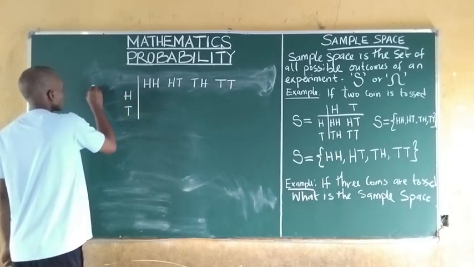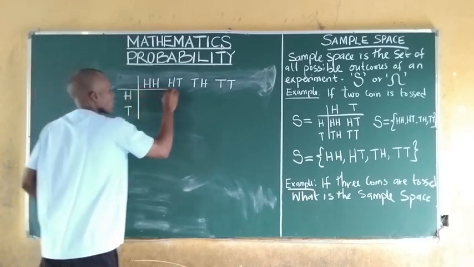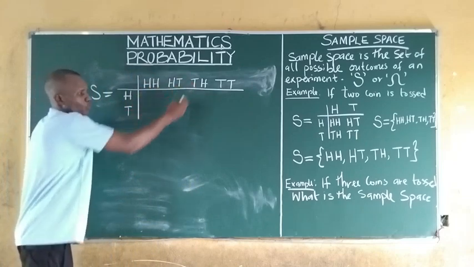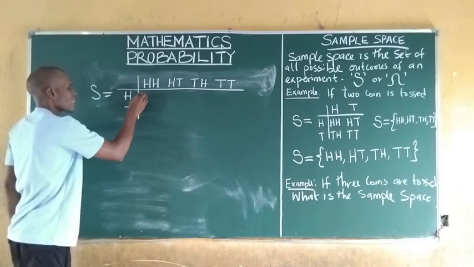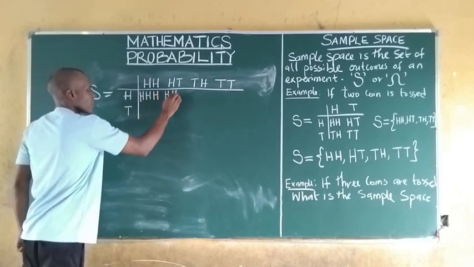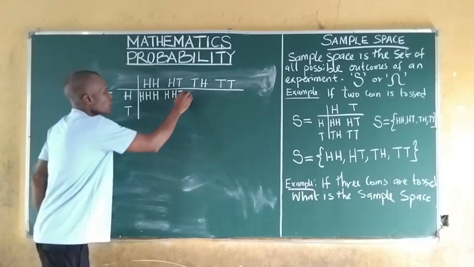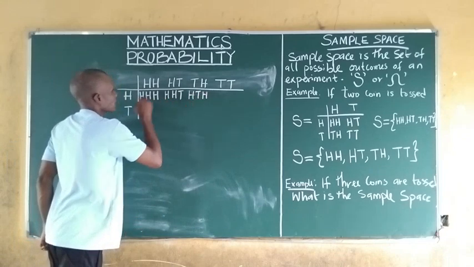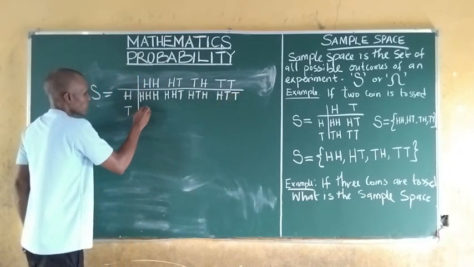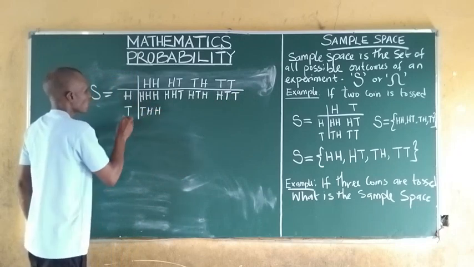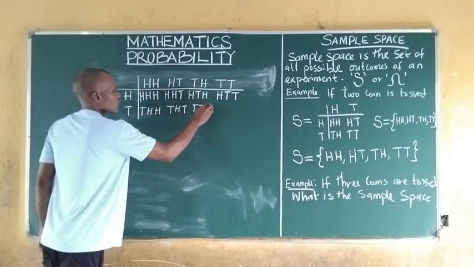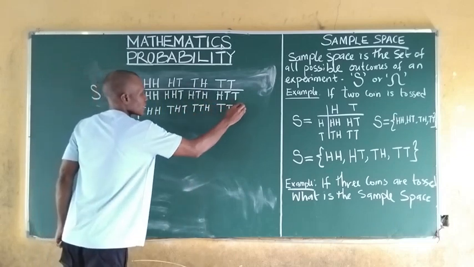Combining this one coin and these two coins, we get head head head, head head tail, head tail head, head tail tail, tail head head, tail head tail, tail tail head, or tail tail tail.